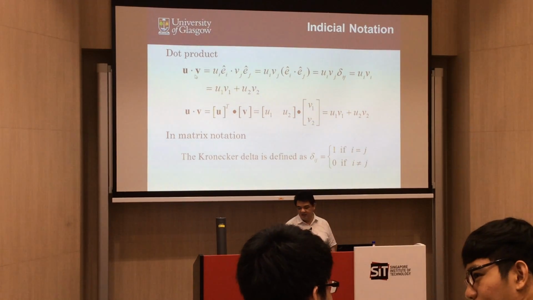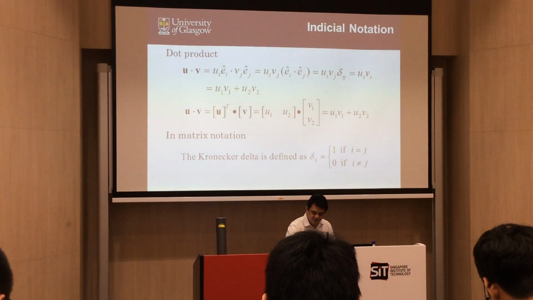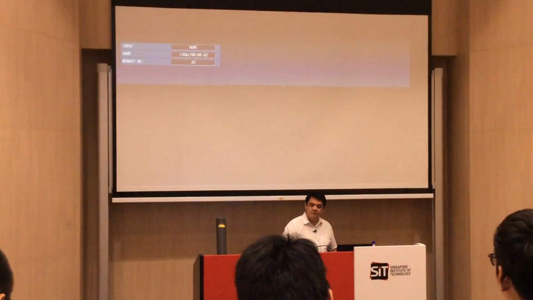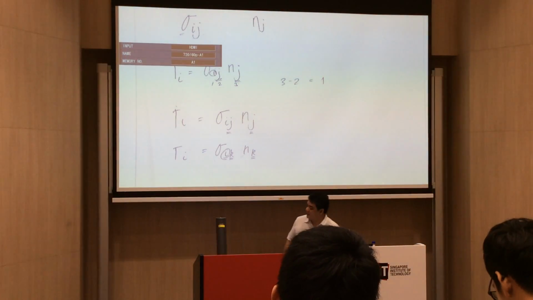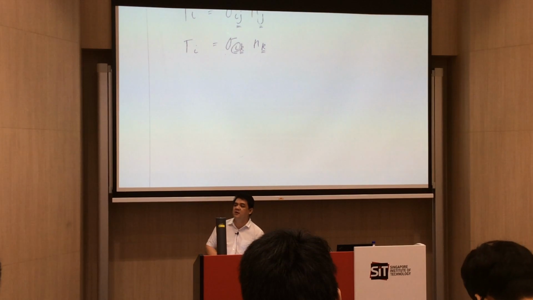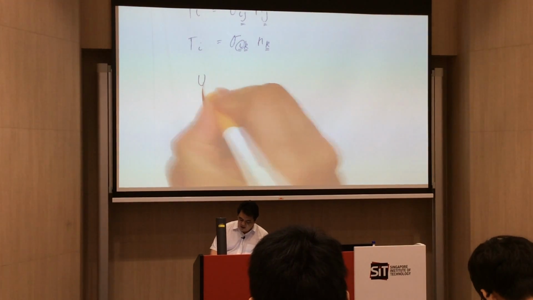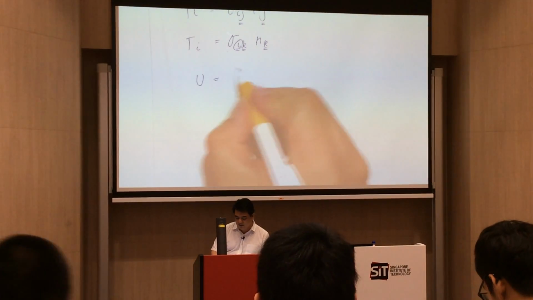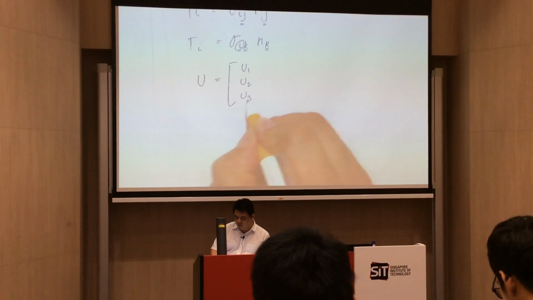So how do you represent this one? So for example, I have now a matrix, say this one is U1, U2, and U3.